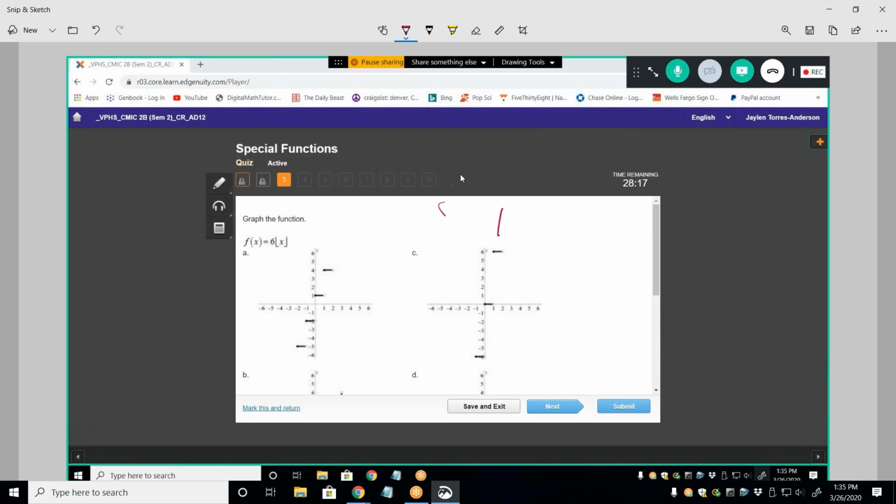If you have this, that is the greatest integer function. And how you figure that out is over here on the left. Let's say x is 4.1. Okay? Well, for the greatest integer function, you go to the left.